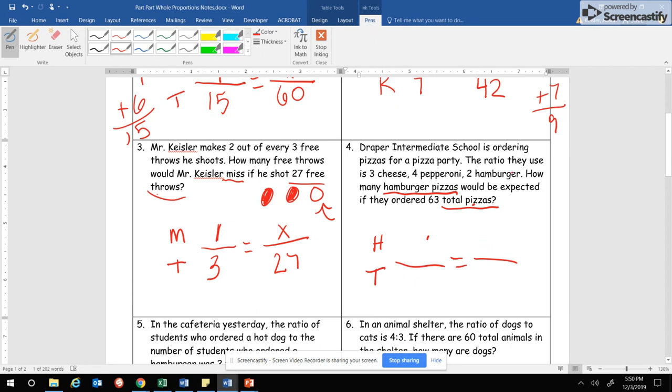And I know from my original ratio that there's 2 hamburger. And then I can do the same thing we've been doing. I can add all these numbers up to figure out the total. So 2 plus 3 is 5, and then 5 plus 4 is 9. So 2 out of every 9 total are hamburger, and it wants to know if there was 63, how many would there be? So you're going to solve that one also.